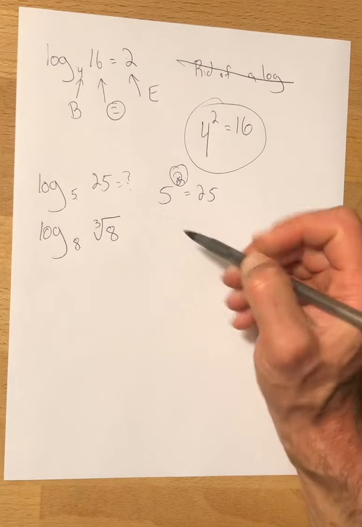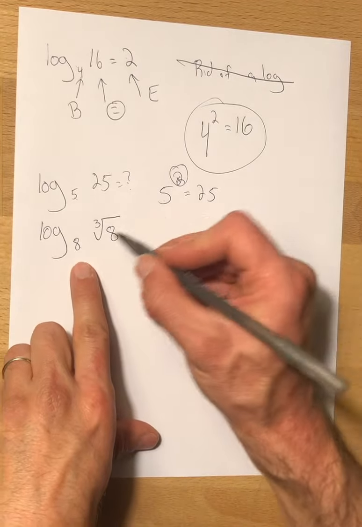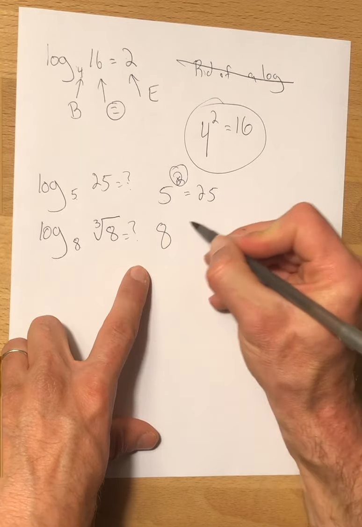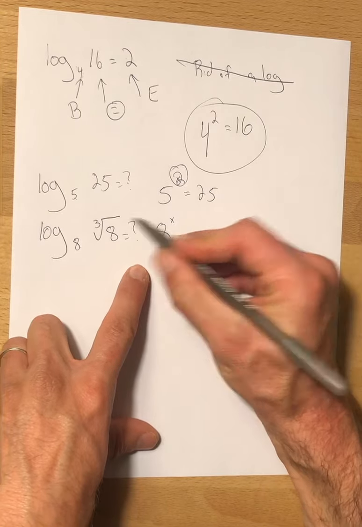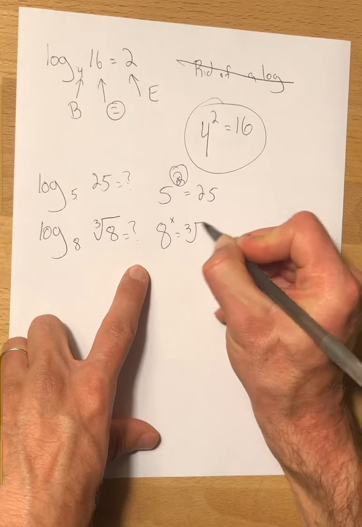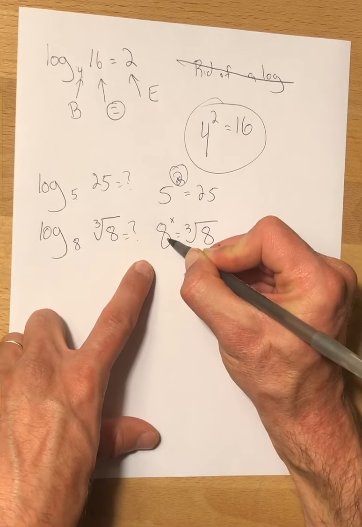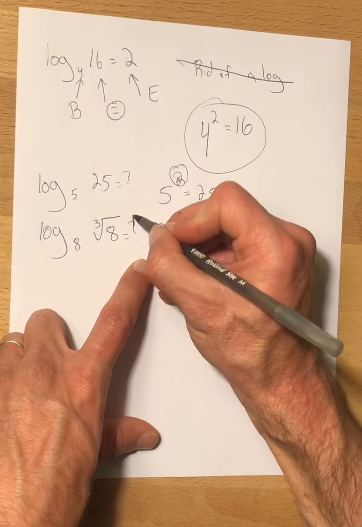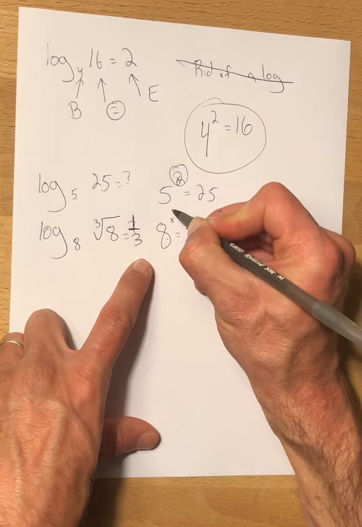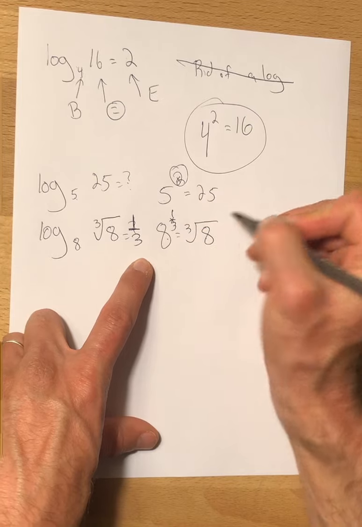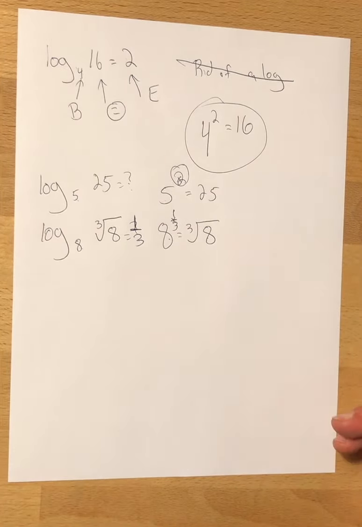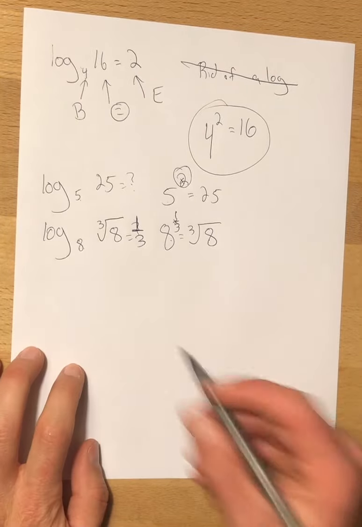If you don't know what this is right off the bat, always change it to exponential form. Base, exponent, which you don't know, and what it equals, the cube root of 8. How do you get 8 inside a cube root? Well, x would have to equal 1/3, because 8 to the 1/3 power is the cube root of 8. Logs look kind of weird, but it's truly that simple.